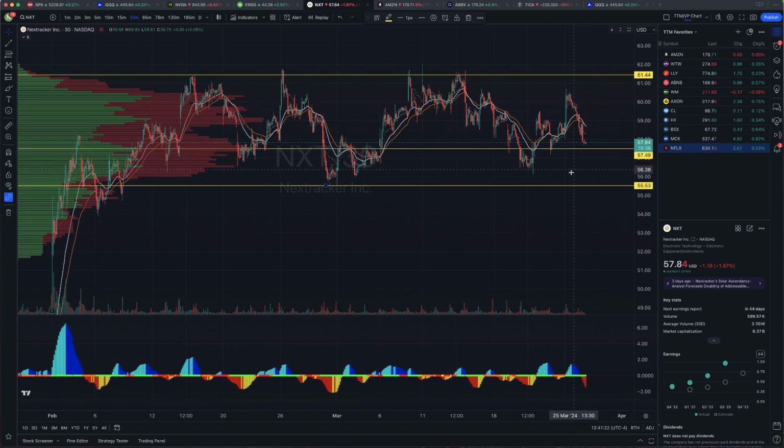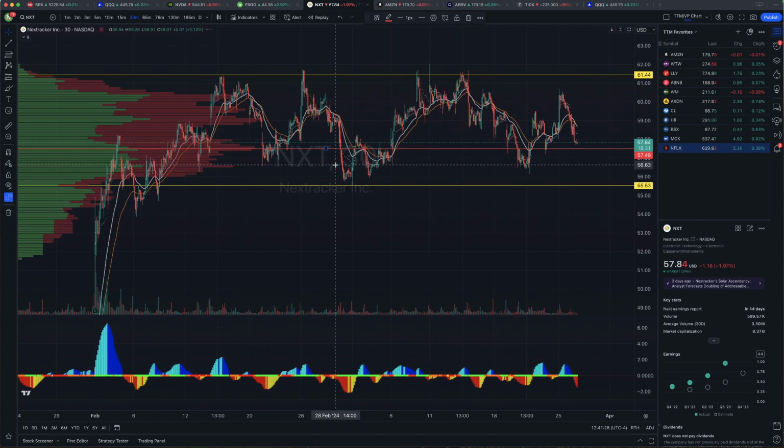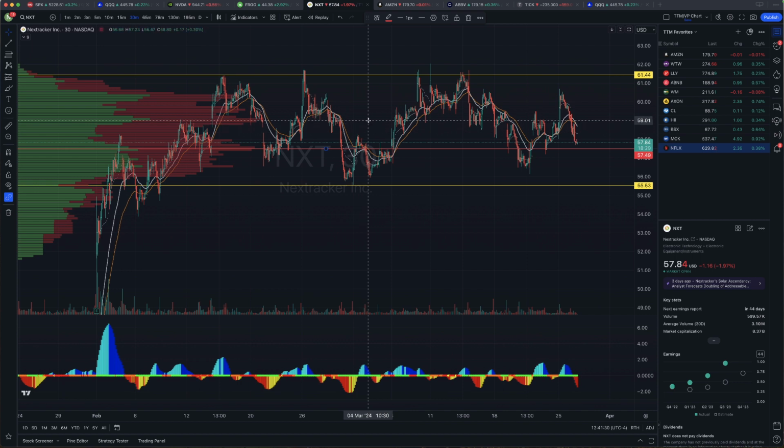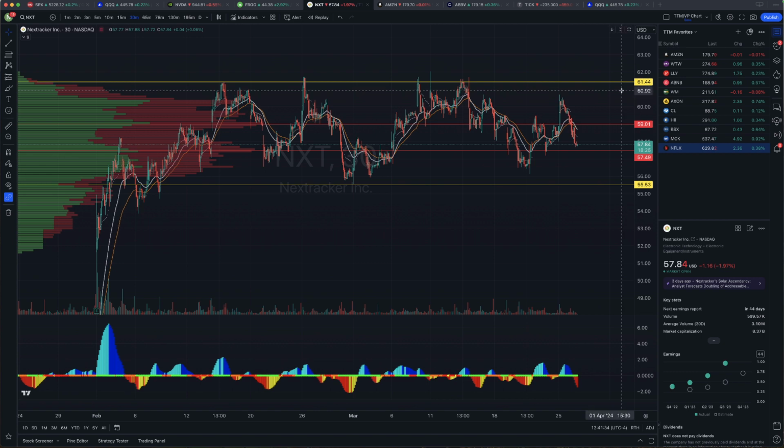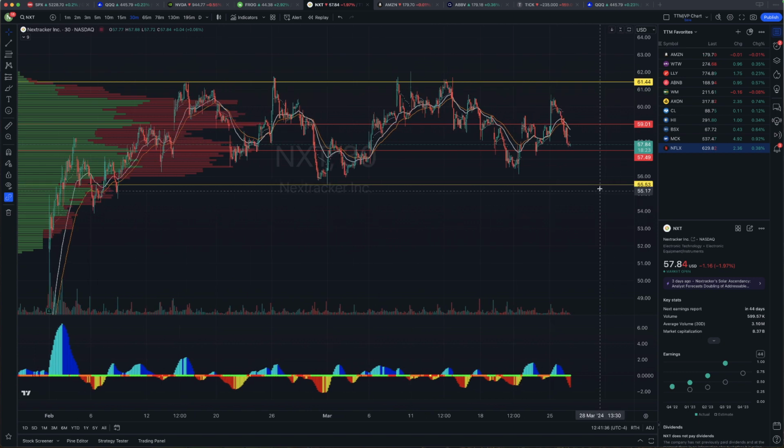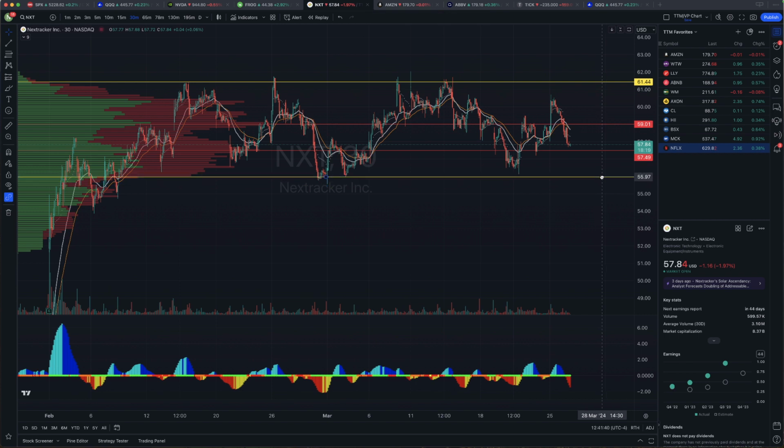So this chart on the daily is by no means broken to me. Okay. My value area high and value area low are drawn in here. I'm probably going to move this up to maybe here. That makes a little bit more sense to me based on the chart.